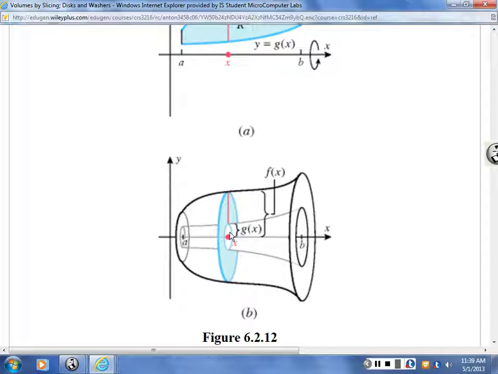Did someone else have their hand? Yeah, I'm just confused about that little section, this little empty hole, the cross-section. How do we get this? Why can't you just take the function from a to b? But how do you get area?